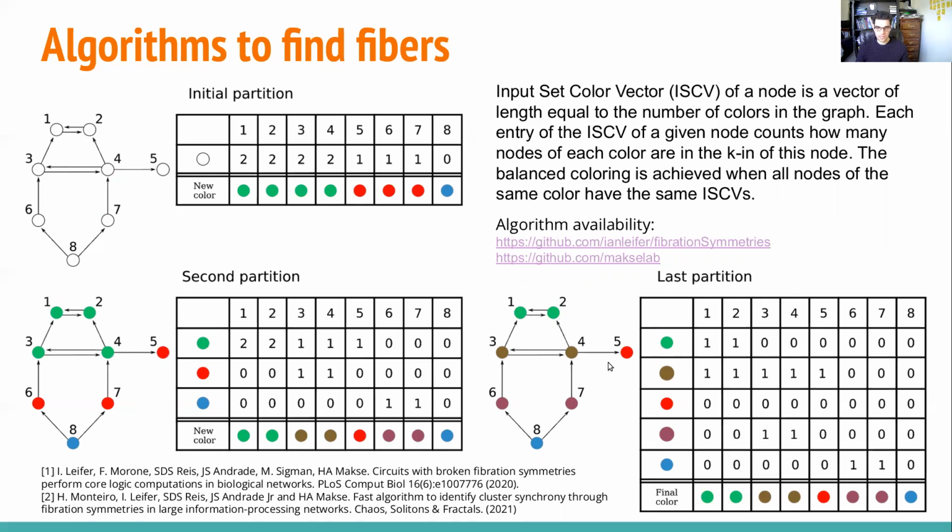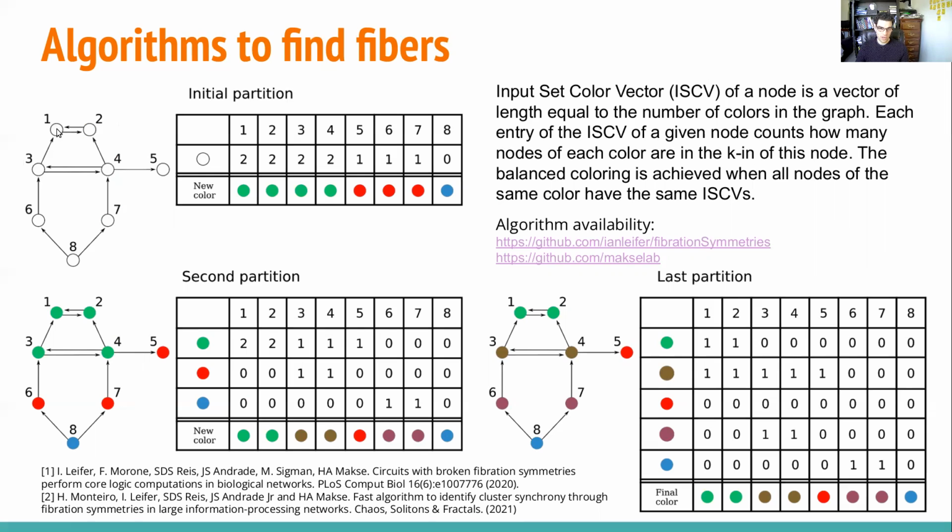The whole story here is based on the input set color vector. The input set color vector is the vector that corresponds to each node. It's n dimensional, where n is the number of colors of the graph. So in this graph with one color, the vector is going to be one dimensional. Each entry corresponds to the number of nodes in the input set of a node of a given color.